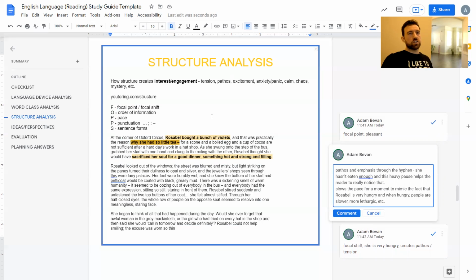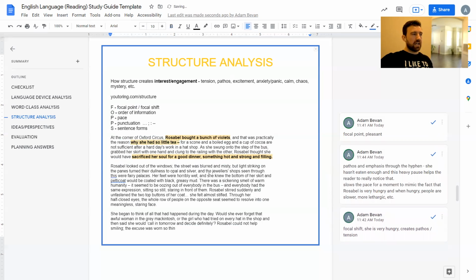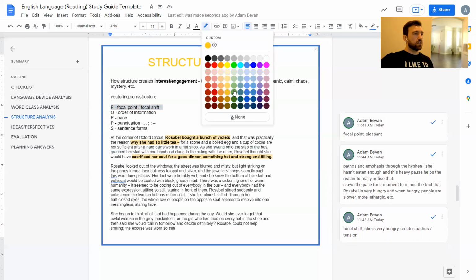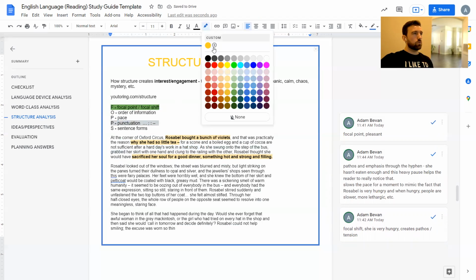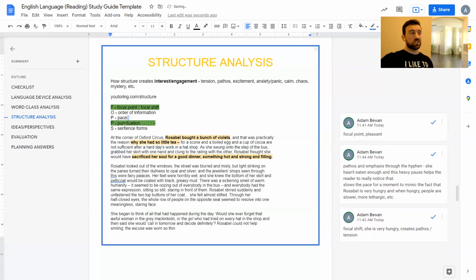So it could be that it's helping to mimic her lack of energy after a very long day of work in the hat shop as well. So you could use that to back that up. Okay, so we've done a little bit on focal points and focal shifts in there. We've done a little bit on punctuation in there. Now we'll probably find some more, but I want to try to get a bit of everything if I can.